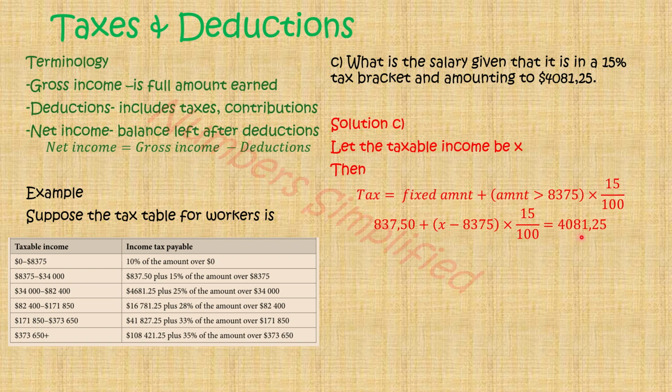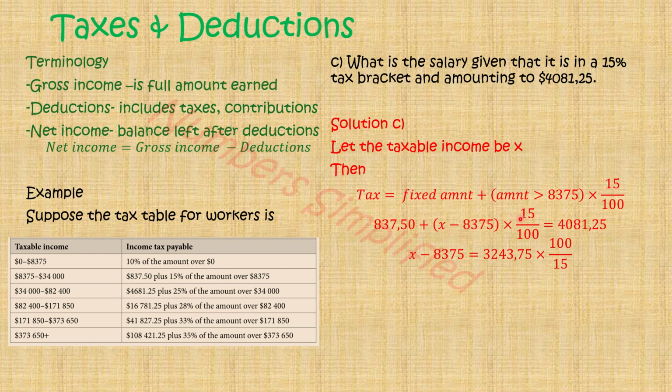And that should give us a total of $4,081.25. Now, of course, solving for X, we can start by moving the fixed amount to the other side. What we get is $3,243.75.